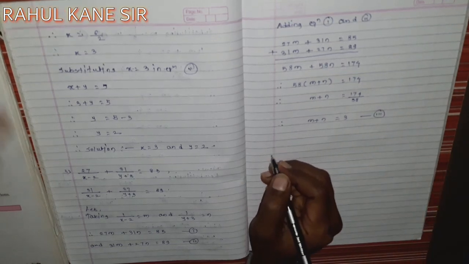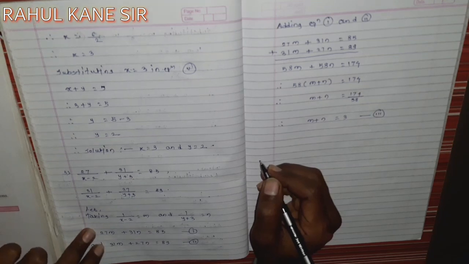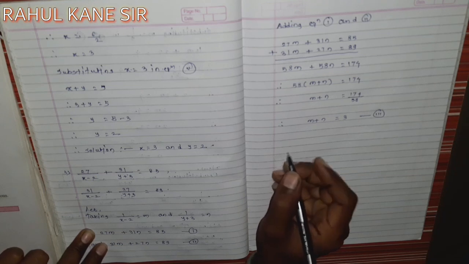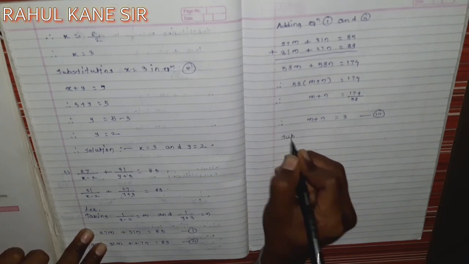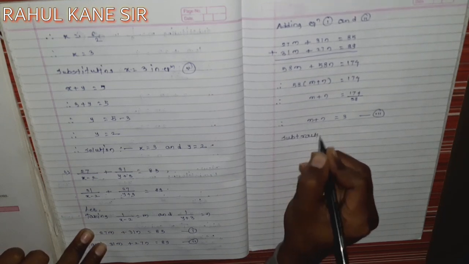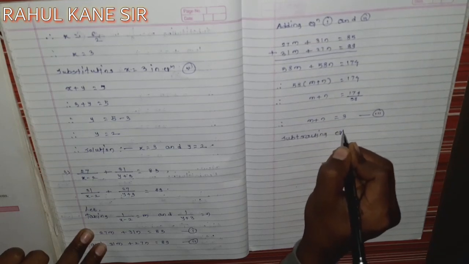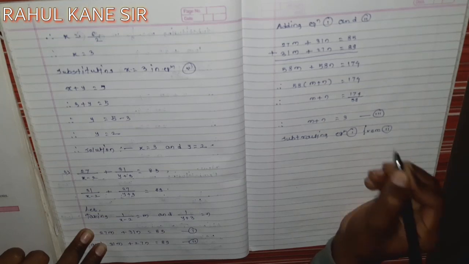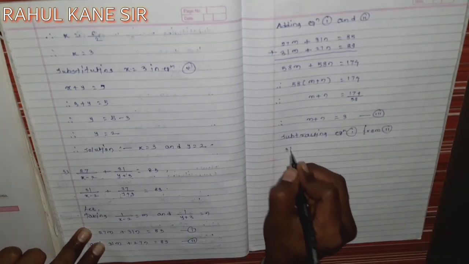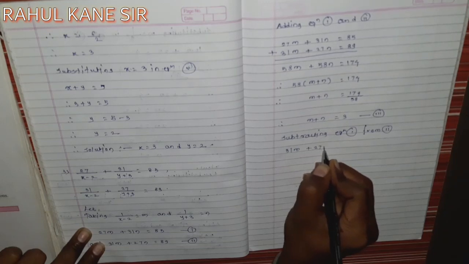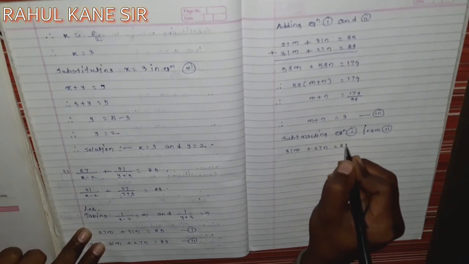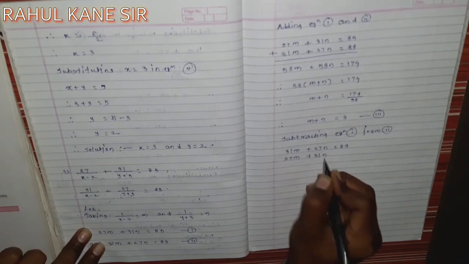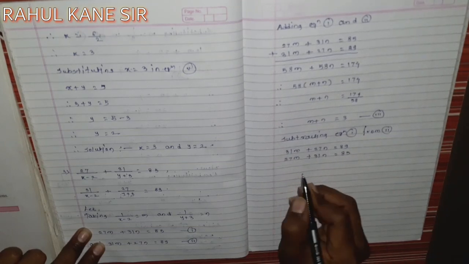Now we are going to subtract equation 1 from 2, because the coefficient of m is greater in equation 2. So 31m plus 27n equals 89, and 27m plus 31n equals 85.